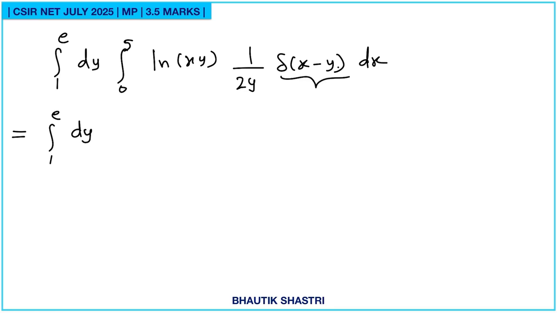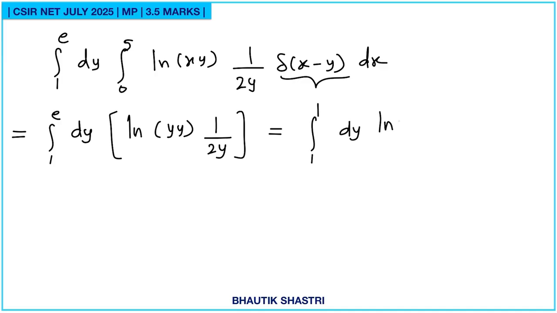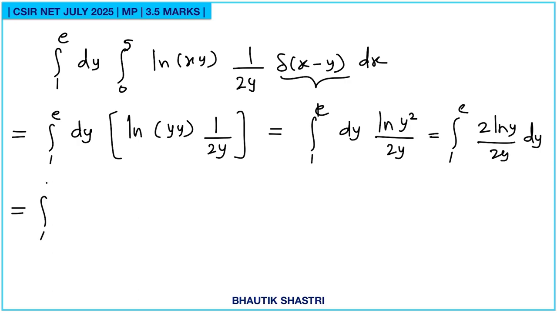If we put x is equal to y, then it will give us the value. So this means ln y times 1 upon 2y. This is equal to 1 upon y dy, ln of y square upon 2y. From 1 to e, this is 2 ln y upon 2y dy. So 1 to e, ln y upon y dy.